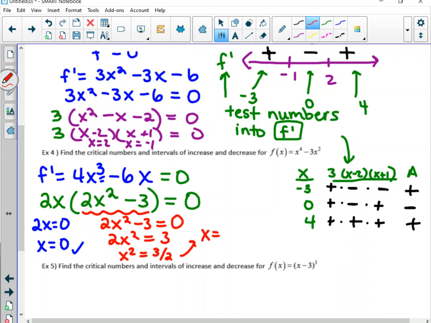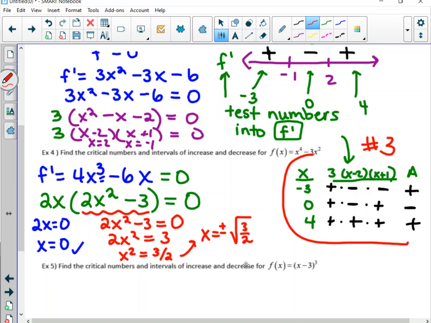So what does x equal? Plus or minus square root of 3/2. Ooh, fun. This is all still number 3. All right. 0, yay. That one's easy. Plus or minus the square root of 3/2.